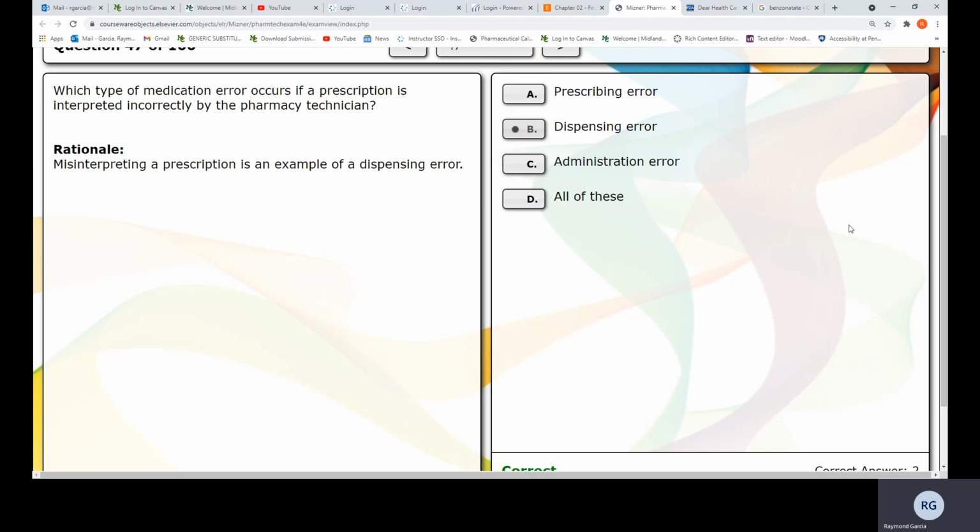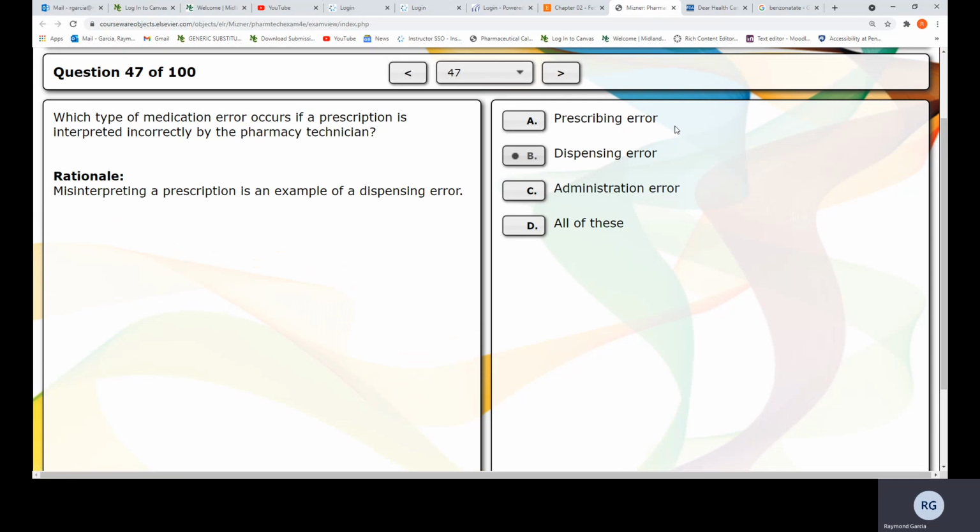Dispensing is part of dispensing product prescriptions. That's entering the prescription and counting the prescription. Prescribing error is dealing with the prescriber or the doctor, and the administration error is dealing with how they took it, if they took it wrong.